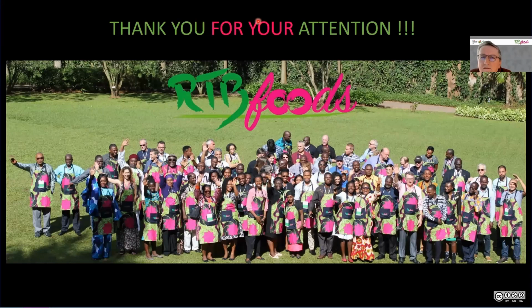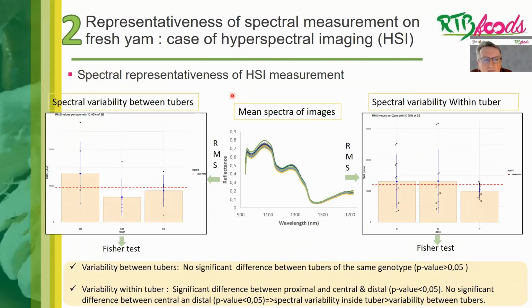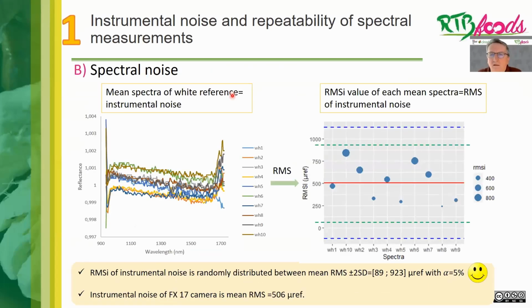Okay. Then at what point do you consider that the noise of the equipment is too high and no longer within the standards? So yes, we have the limits. Normally you should have, from the manufacturer of the instrument, the limit of the instrumental noise.